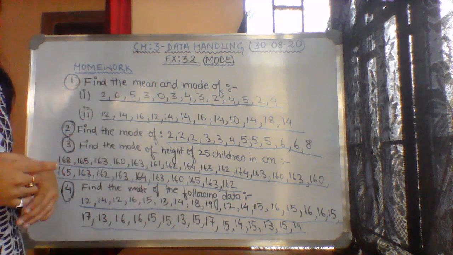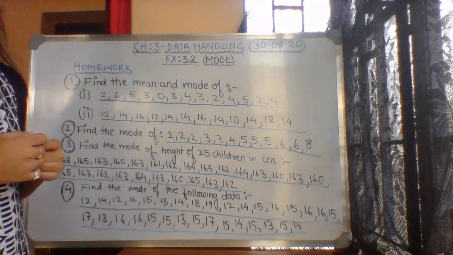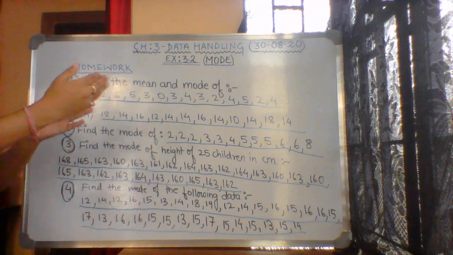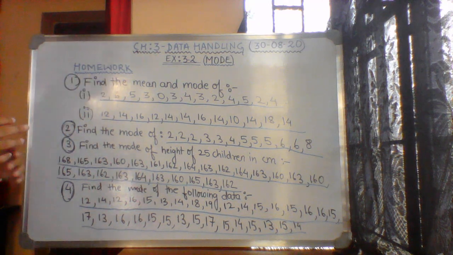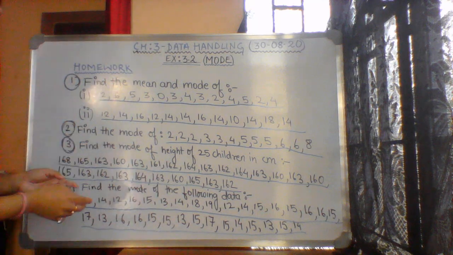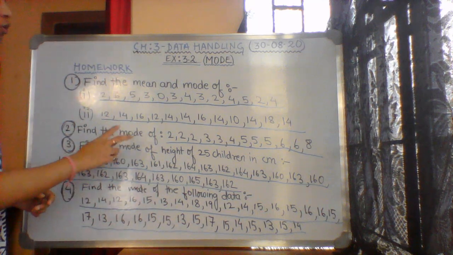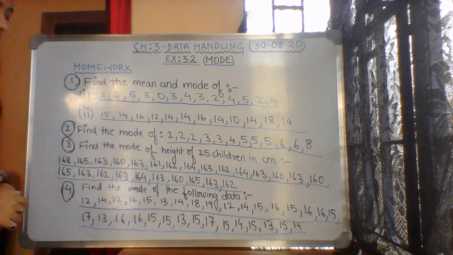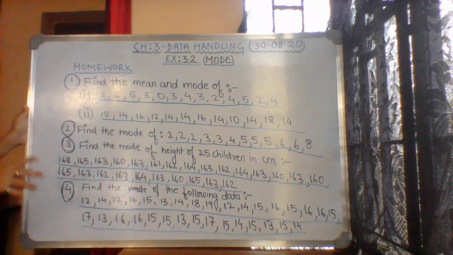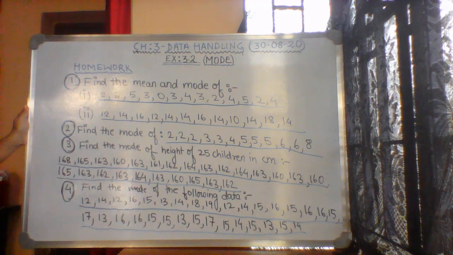So at that time the mode can be two observations. Mode can be any two numbers from that data. Okay, so don't worry about that. If for the mode value two things are coming, then those two observations will be the mode. Okay, so in this question you may find that type of thing.